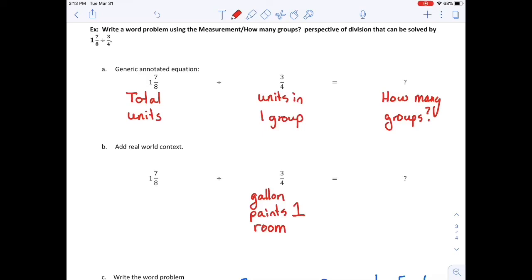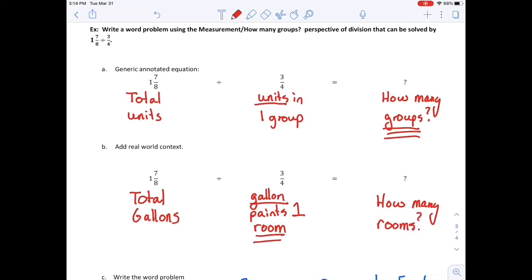So over here, if my units were gallons, then I'm going to have total gallons as my dividend. And I'm going to be looking for how many groups. What were my groups? My groups were rooms. So I want to know how many rooms.